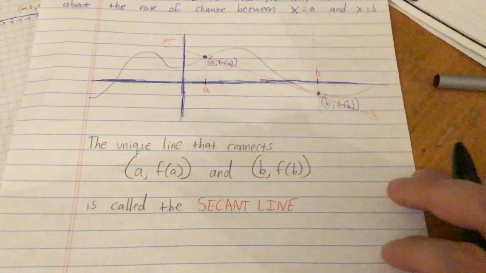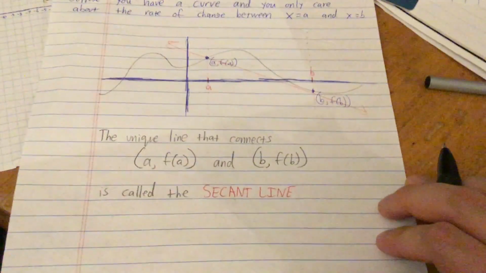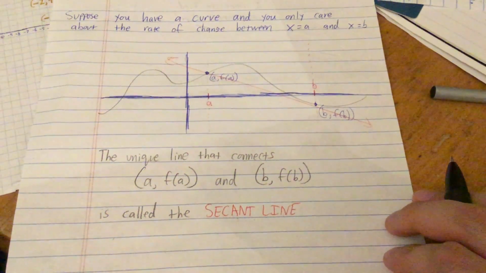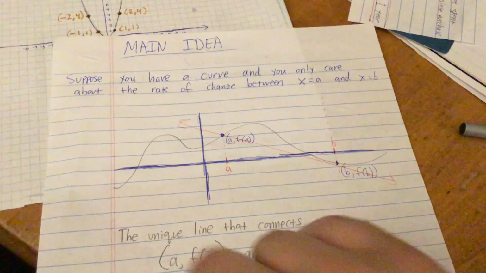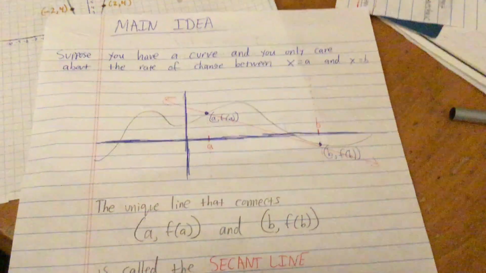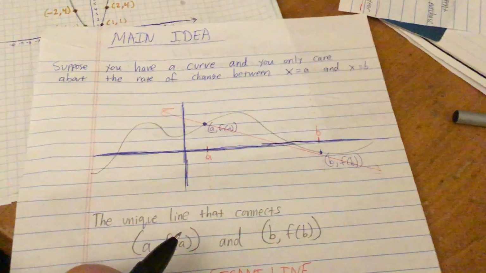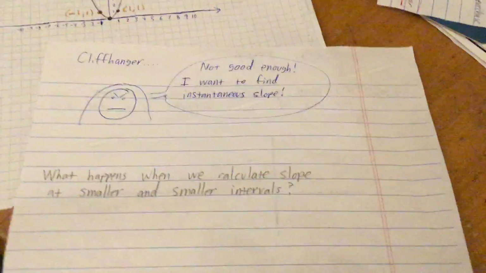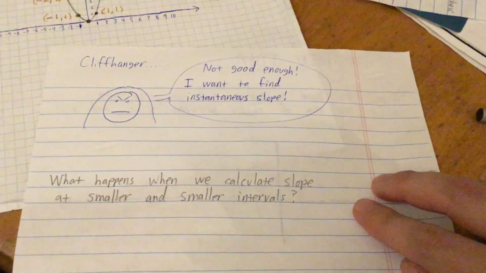So the unique line that calculates the average rate of change is called the secant line. And that's what we've been doing today. But, spoiler alert, that's not calculus. Well, I mean, it is part of the calculus curriculum to find the secant line between x equals a and x equals b. But, spoiler alert, Isaac Newton says not good enough.